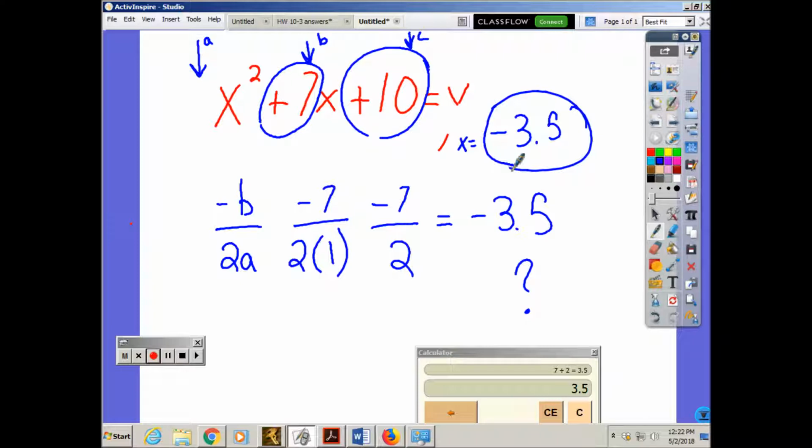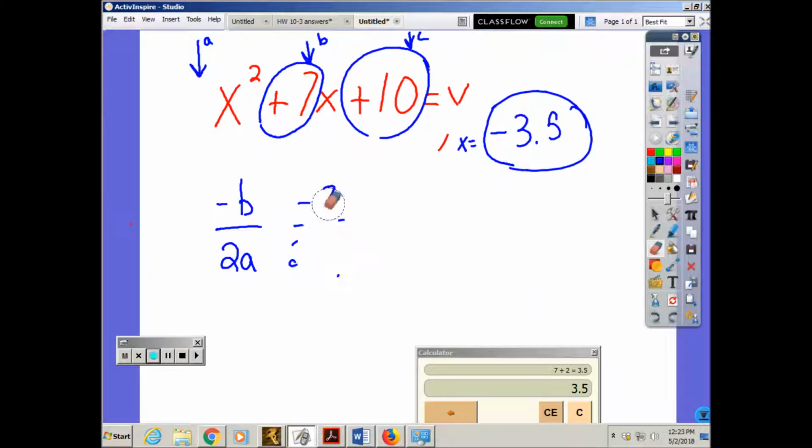So now we're going to go on to the vertex. And I want you to type in to Edpuzzle what you actually got as the vertex. Not what the correct answer is, what you got. And it might be, I never got that far. Okay?